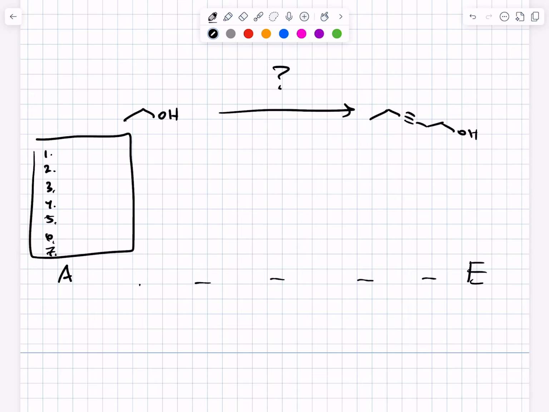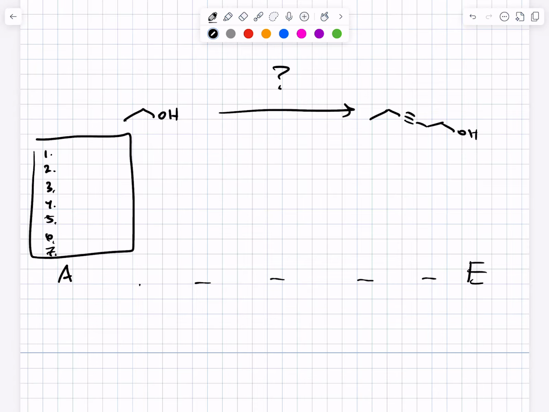Now, you can approach this the way a lot of students want to do, which is they'll say, okay, I'm just going to do this as a mini predict the products question. And then they proceed to look at it, do it in their head. Okay, I think that's it, and then they move on.